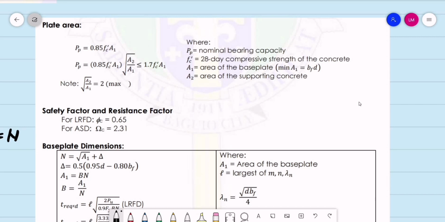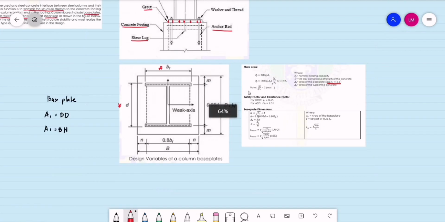That is if we have the minimum area of our base plate, the same as the outer dimension of our wide flange, B sub F times the d.